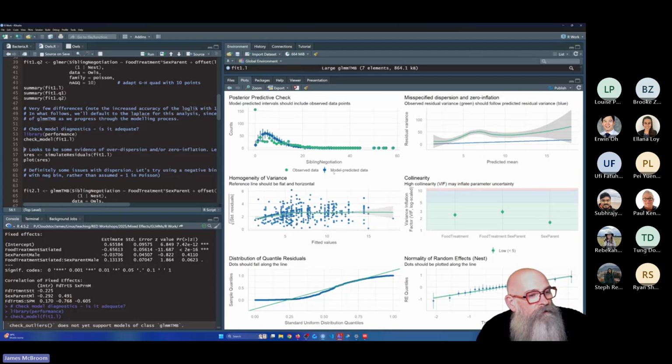What you can see here is that the model predicts a certain peak in the counts down here that's not matched by the actual data. And in addition, the model is not predicting the number of zero counts that is in the data.